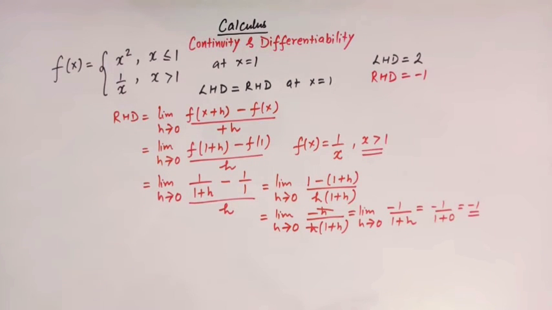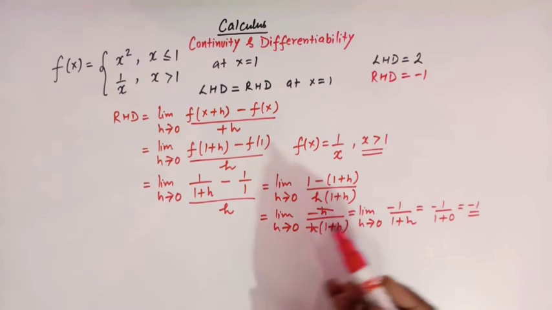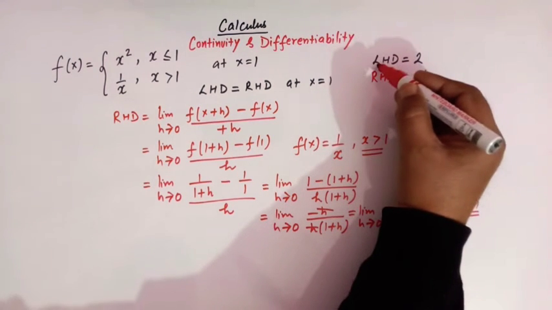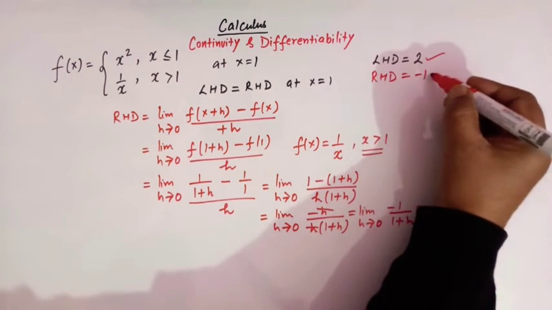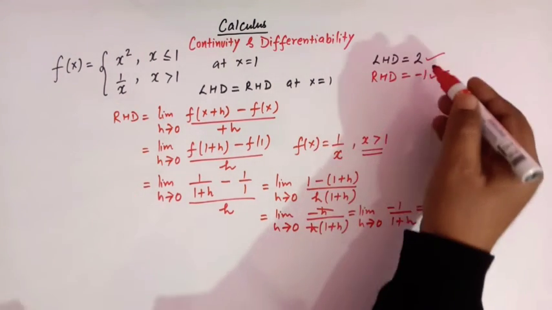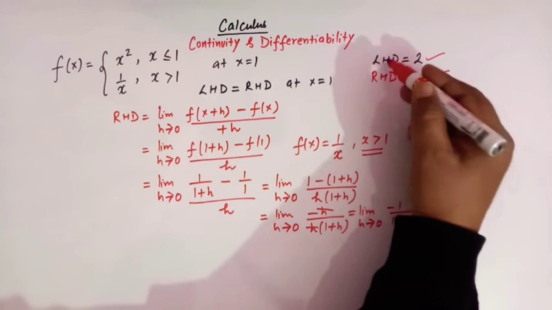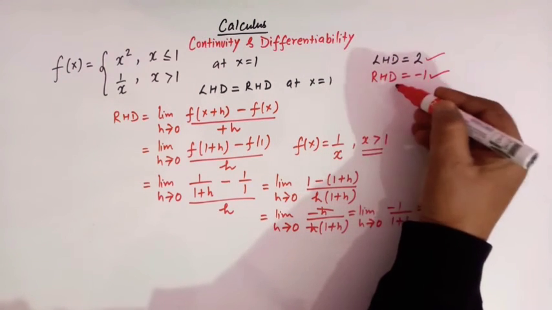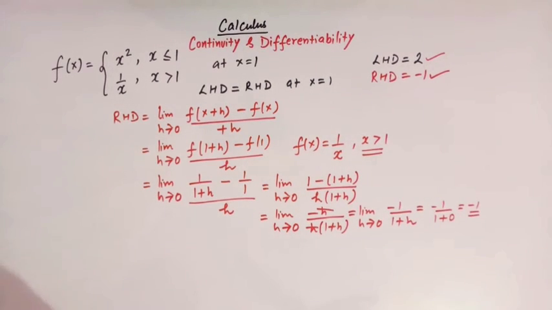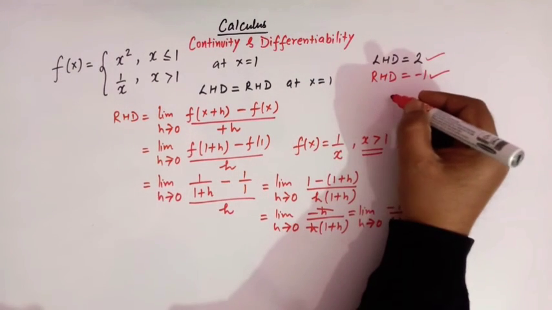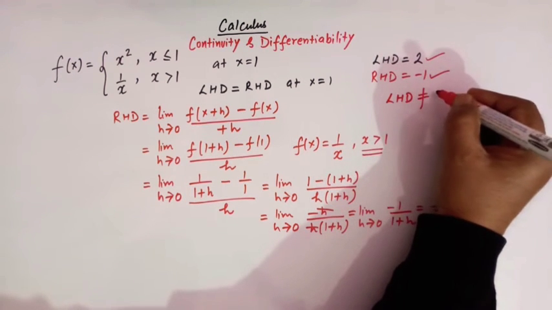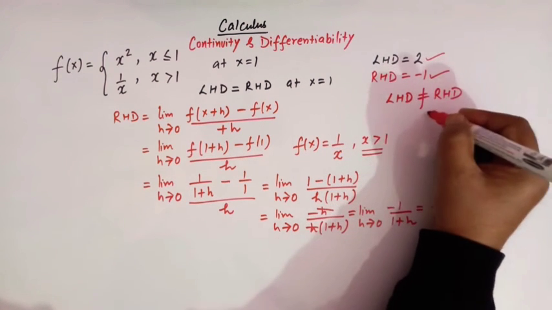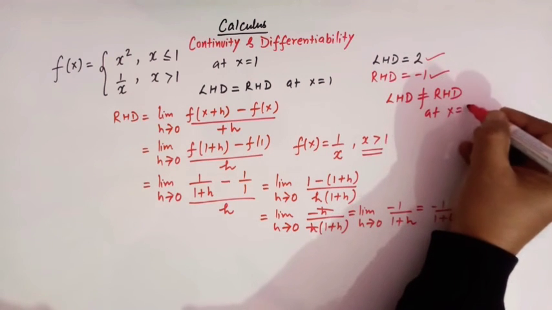So now from this discussion we arrived at the conclusion that the left hand derivative is 2 and the right hand derivative is minus 1, right? Although both the left hand derivative and right hand derivative exist and they are finite, they are not equal, right? So left hand derivative is not equal to right hand derivative at x is equal to 1.